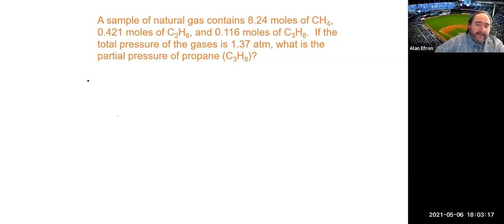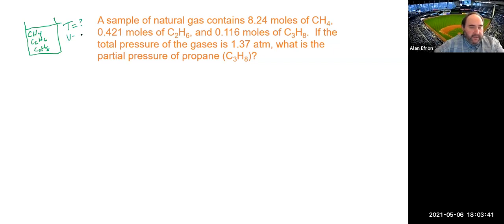Now, this one we have obviously a mixture in natural gas of some methane, some ethane, and some propane. In this particular case, we have no information. We don't know what the temperature is. We really don't know what the volume is.